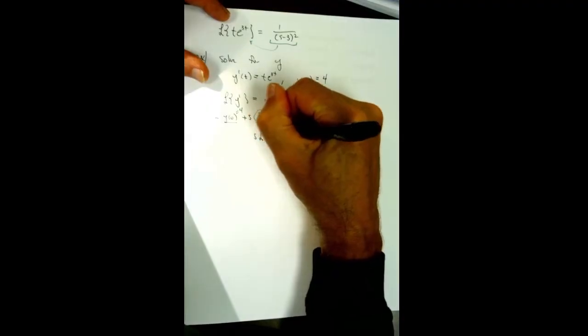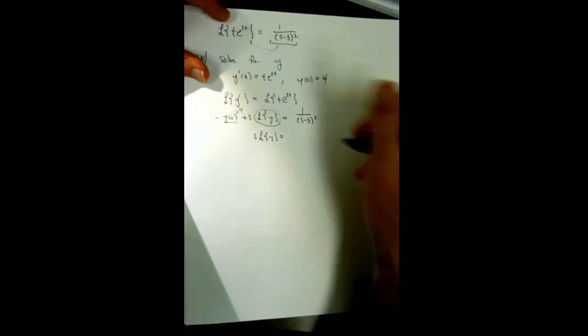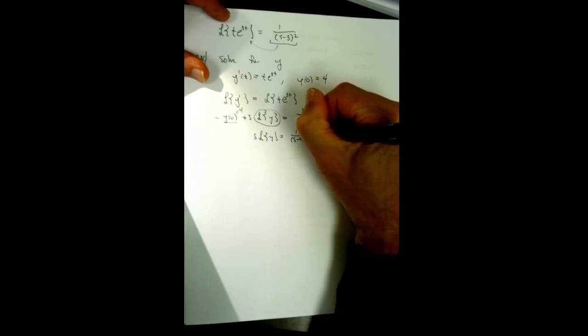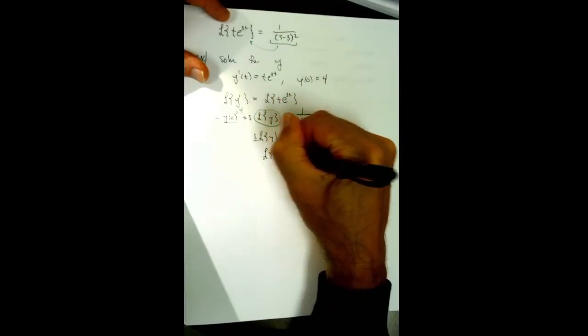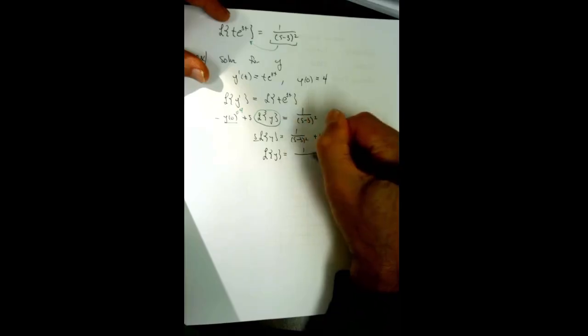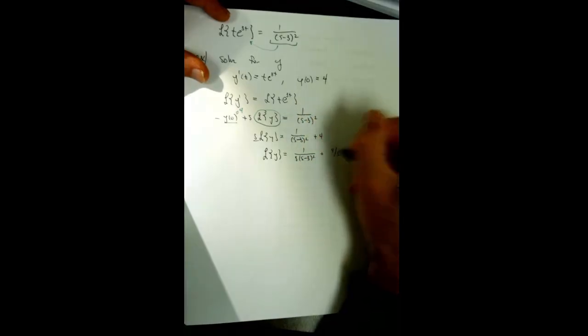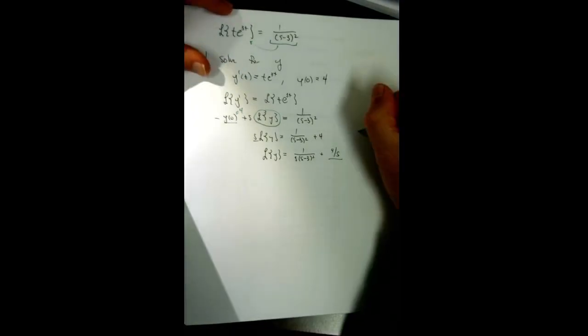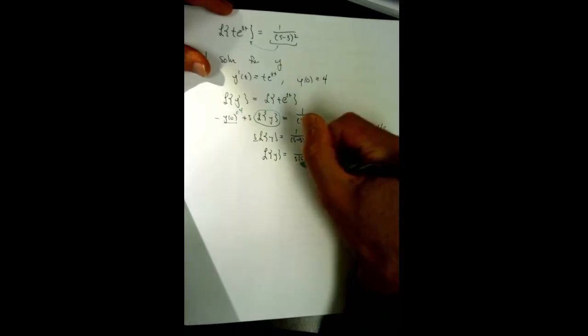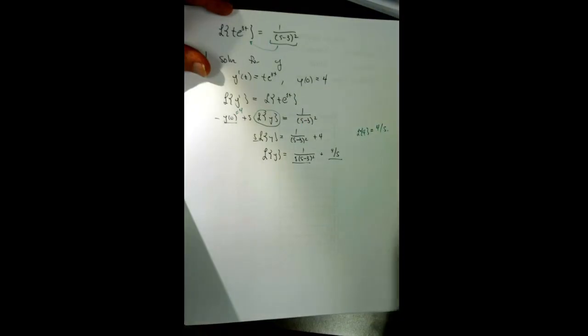So we're going to do some algebra now. Add 4 to both sides. Divide through by the s. And now in terms of Laplace transform, you should immediately recognize the Laplace transform of 4 is 4 over s. That's going to be a problem.